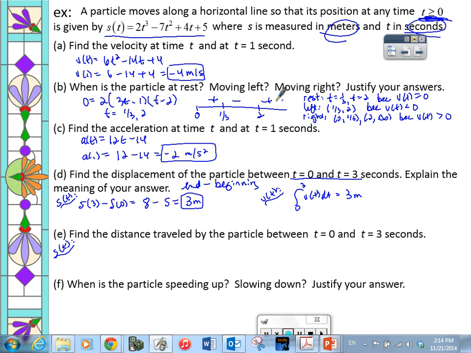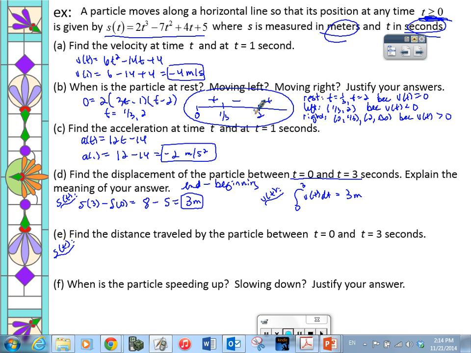So if we look up here, here's my sign chart for when we're moving right, when we're moving left. I'm going to have to do end minus beginning for this interval, end minus beginning for this one, and for this one. I'm going to have to do 3 of them because I have a problem here. Here I'm moving backwards and we have to account for it.